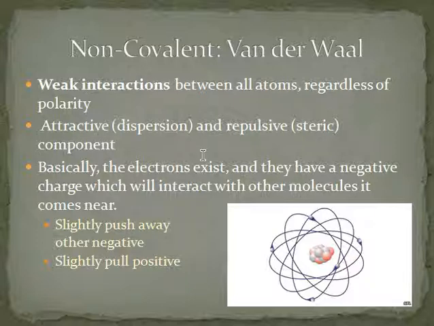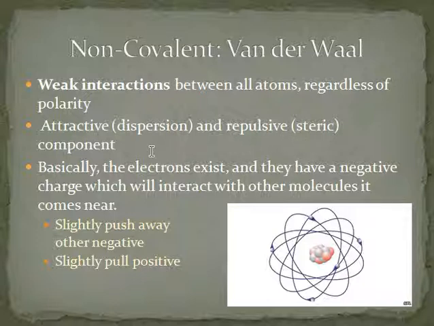So even though, theoretically, with a purely non-polar molecule like carbon-carbon stuck together, even though they are sharing the electrons equally, because they've got the same amount of electronegativity or pull, you still have what you would call an attractive or dispersion and a repulsive or steric component.